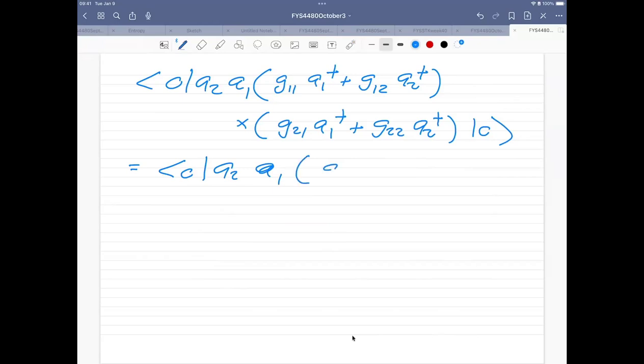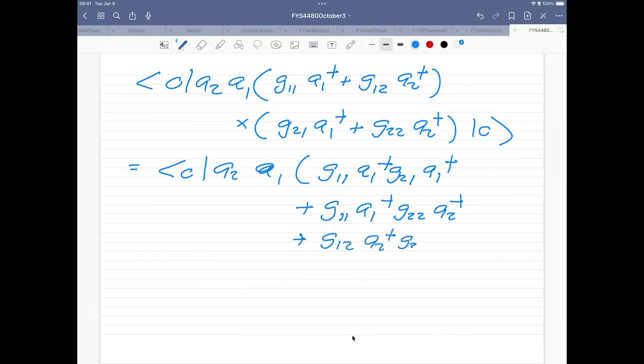If I write this out now, what I'm going to have is G11, A1 dagger, and G21, A1 dagger, plus G11, A1 dagger, and G22, A2, plus G12, A2 of G21 of A1 dagger, plus G12 of A2 of G22 of A2 dagger, and these all act on the true vacuum.